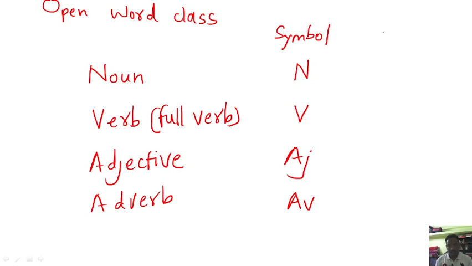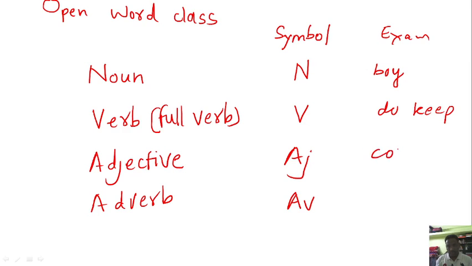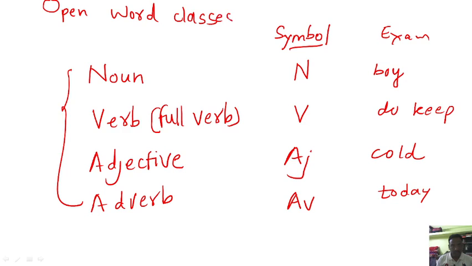For example, we can have example of noun like boy, full verbs like do, keep, adjectives like cold. These things you already know. And adverbs, for example, today, now, etc. So remember these symbols, and these are the only four open word classes.